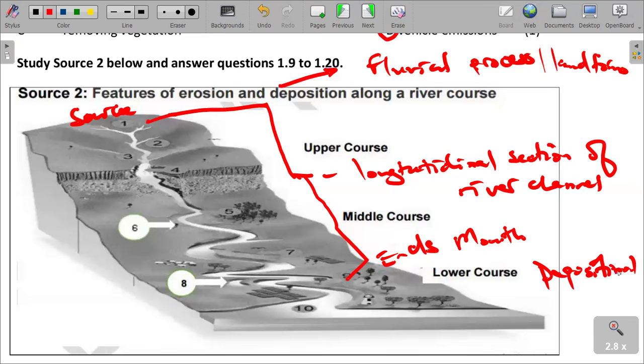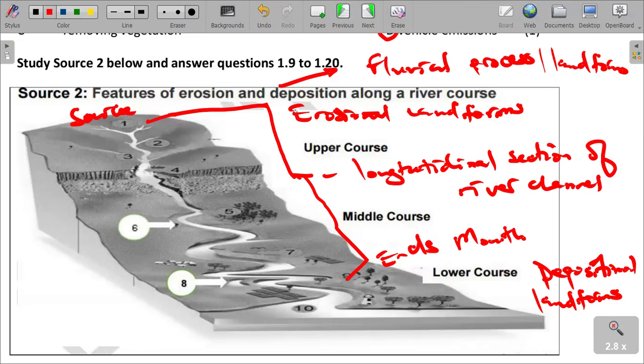Depositional landforms are found at the end, towards the mouth here. And on the top here, we have got erosional landforms. Erosional landforms are found on the upper course.